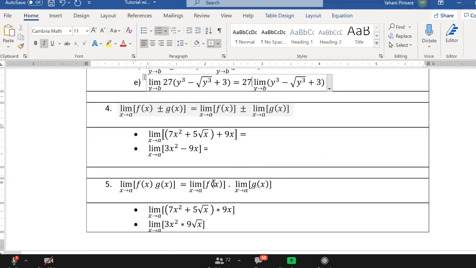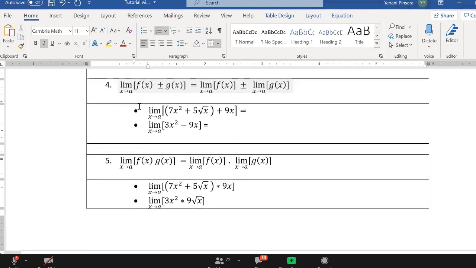Then let's move on to the fourth question. Here, when you are adding two functions where x is the limit's variable, be careful with this one. Here you have x, here also x, and here also x, so the variable of these two functions should be x.